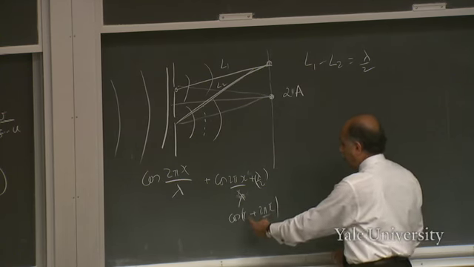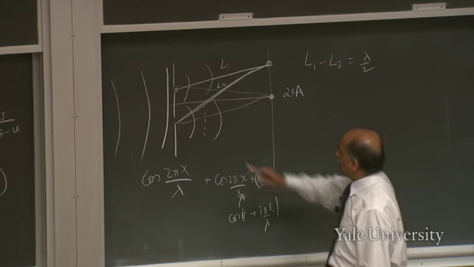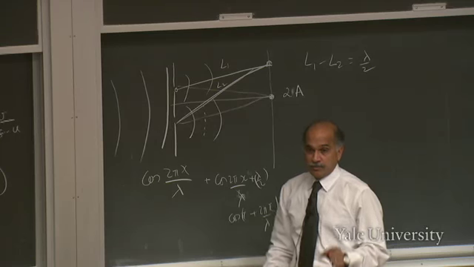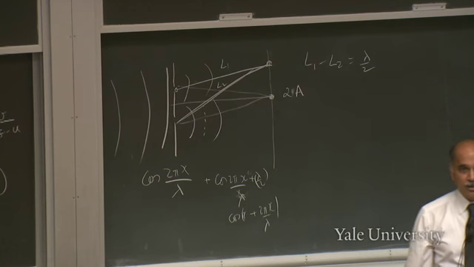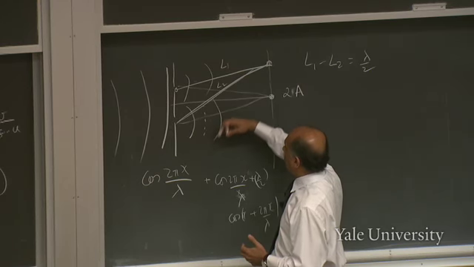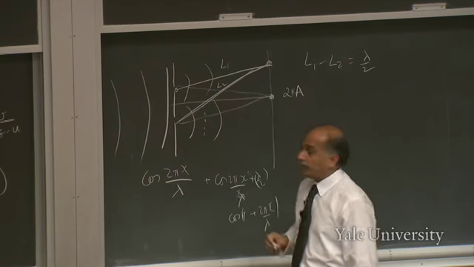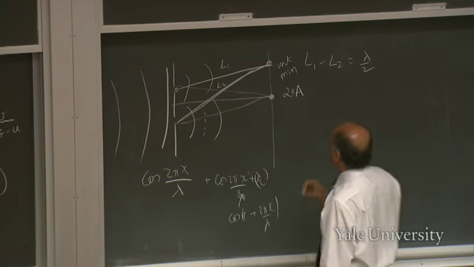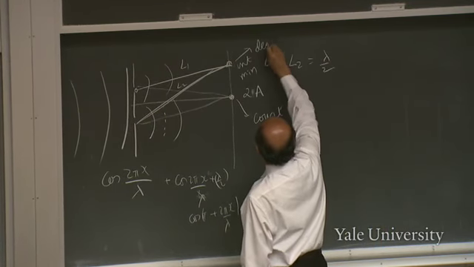But if pi is added to anything, it changes the cosine to minus itself. So the way to think about it is when you're half a wavelength behind coming from here, whatever this one does, this does minus of that, because shifting by half a wavelength is adding a pi to the cosine. Adding a pi to cosine changes it to minus its value at every instant. Not only does crest come with trough and trough come with crest, every possible displacement comes with minus of that from here, and you get nothing here. So this is called an interference minimum. Or we say here the interference is constructive, and here we say the interference is destructive.